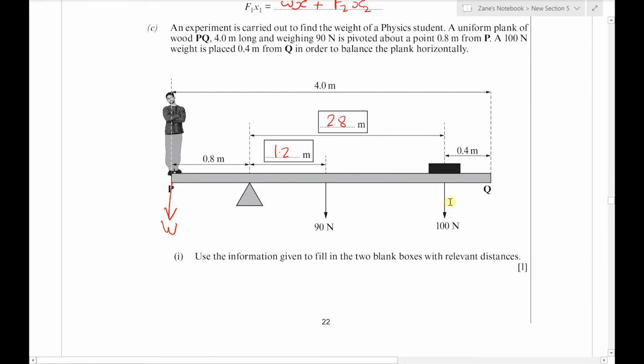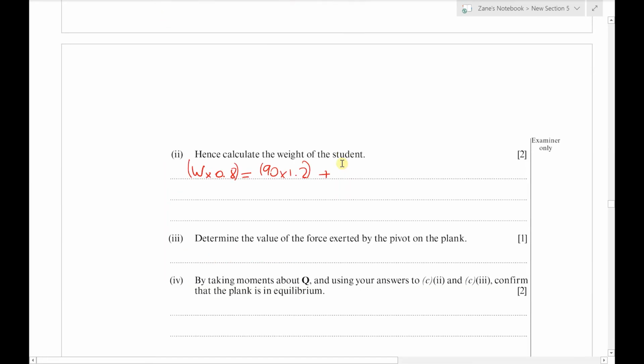And remember, we're looking at the distance from the pivot, so it's this 2.8 meters that we've got here. Let the calculator do the work for us, work out the right hand side and then divide it by the 0.8. Gives us a weight of 485 newtons.